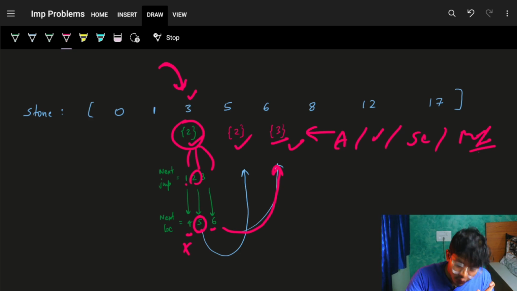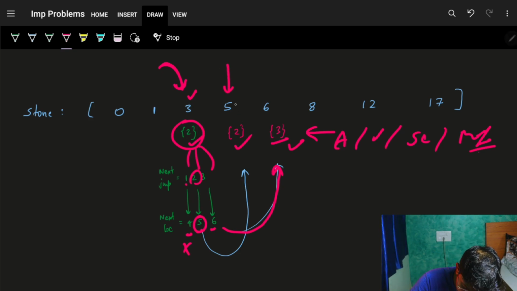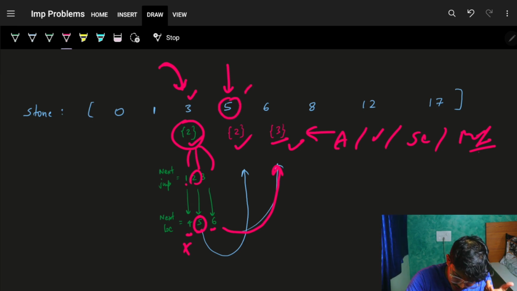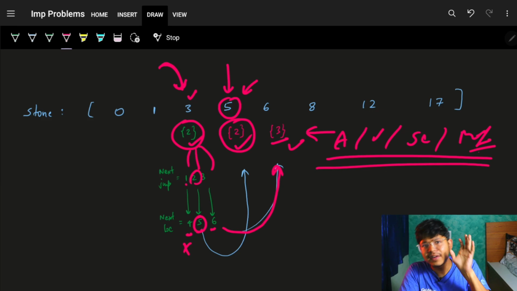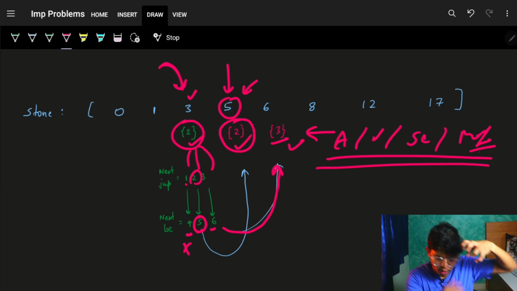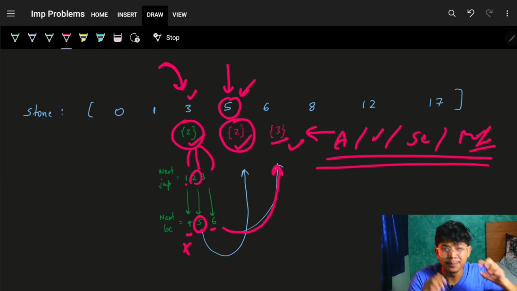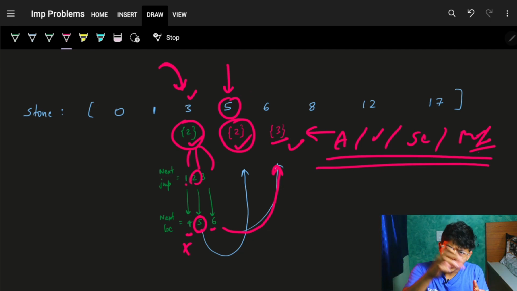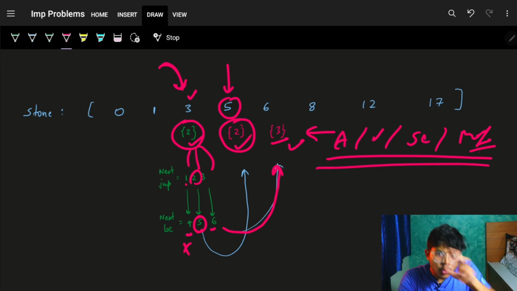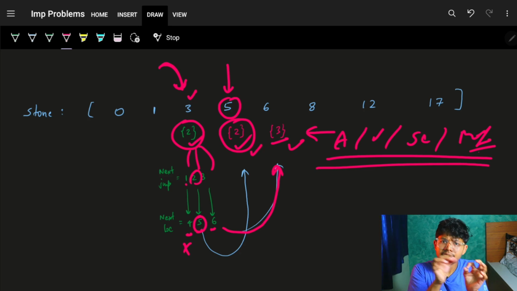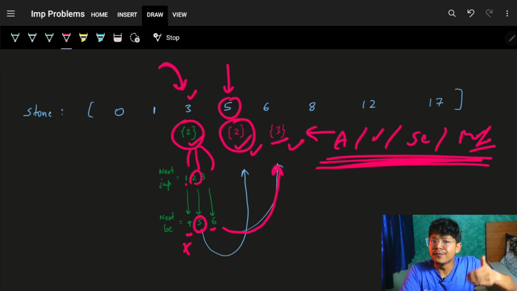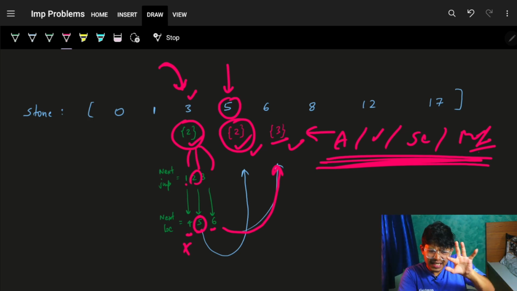Which means you will need to maintain a map where the key is the stone, and the value will be some data structure. We will see what that data structure is, but meanwhile just remember it will be a map from the stone, which means the position or location where the stone is, to a data structure where it will have the jump sizes.